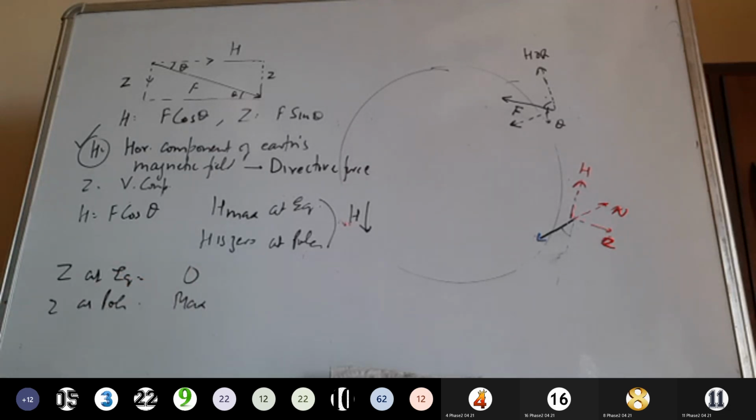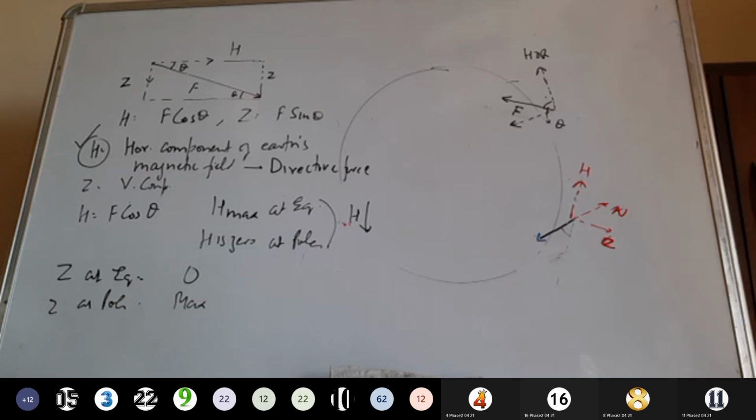So the value of Z increases when we go from the equator towards the pole, from 0 to maximum. And the value of H reduces when we go from the equator towards the pole. But Z is of no use, even though it is becoming maximum. So it is basically H which has a larger impact because of the change. What impact it is having, we'll see later on.